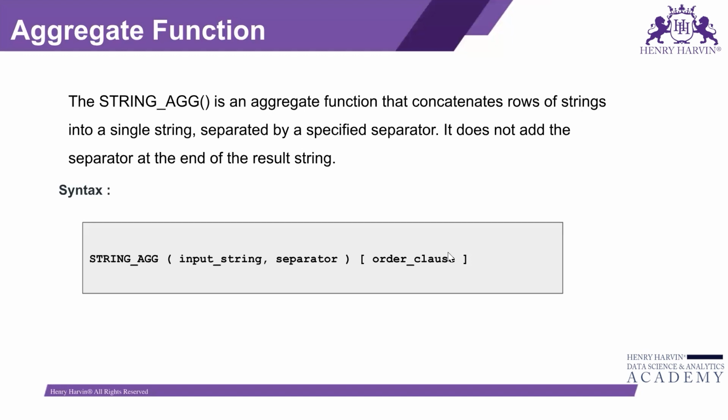For example, we can have different functions. We have the count function, which will count everything for us. We have summation, which will find the sum, the average, the minimum, the maximum. We can also perform things like group concatenation.